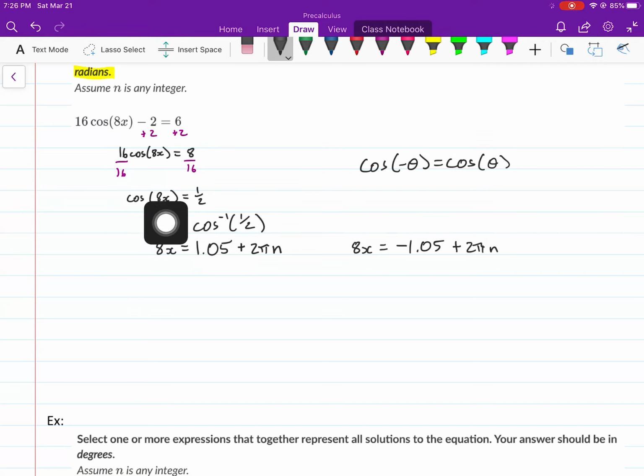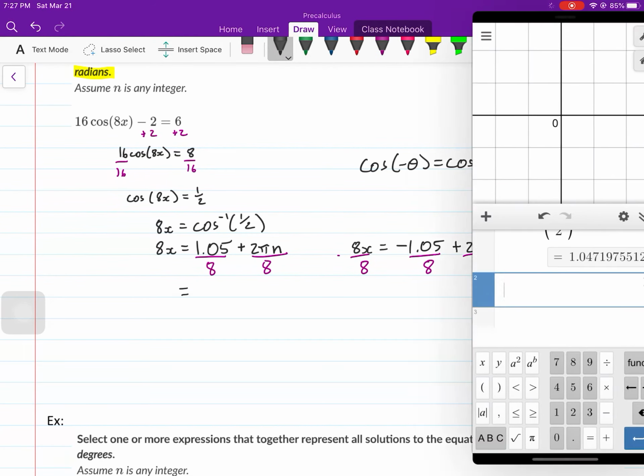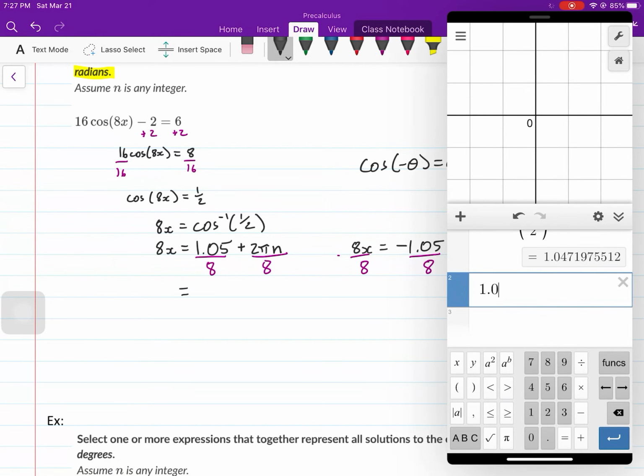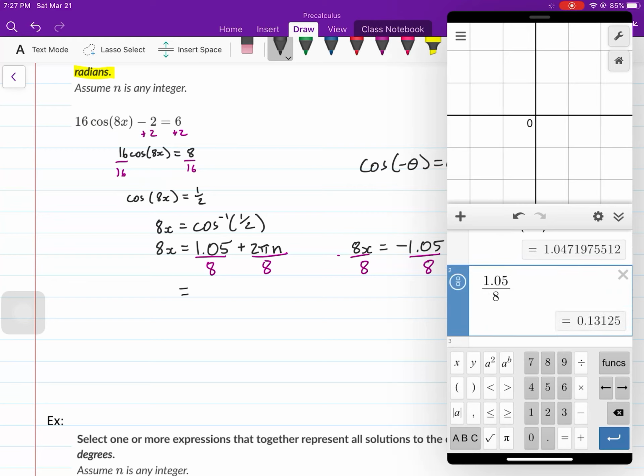So how do we figure out what x is? We're going to go ahead and divide by 8 to continue to solve for x. So I'll divide by 8, divide by 8. Same thing over here, divide by 8. Divide everything by 8. And let me see, 1.05 divided by 8 is going to be 0.13 plus 0.25 pi n.